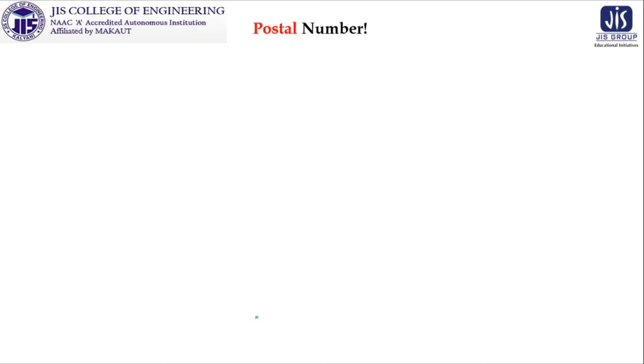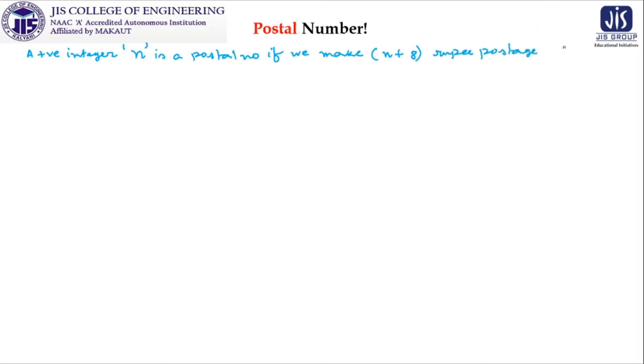The definition of postal number we are placing in this form: a positive integer n is a postal number if we make n plus 8 rupee postage from a bunch, meaning an infinite collection, of 3 and 5 rupee stamps.